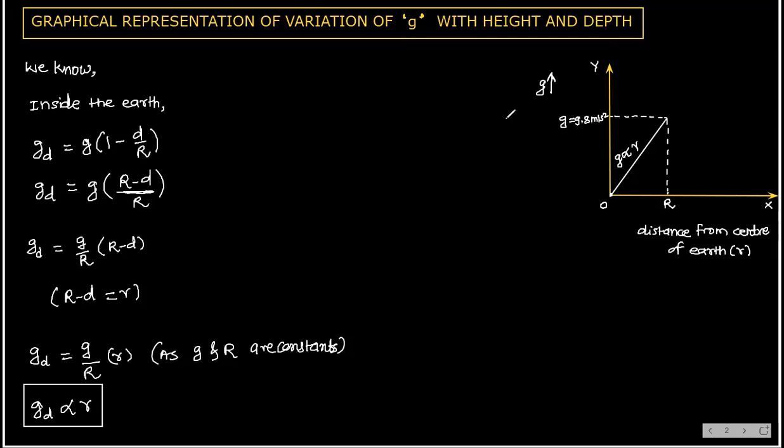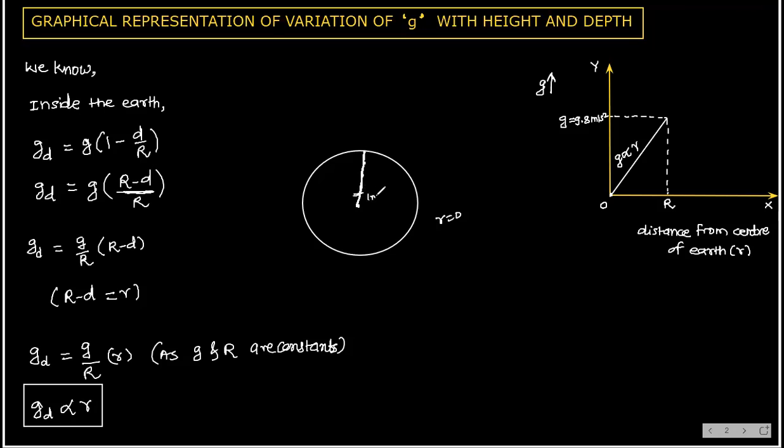Once again, I am repeating the graph part. Let me explain with the diagram so that you will understand clearly. Now you are at the center, which means small r is equal to 0. Next you are coming here, then here, then here, and then here. As you are increasing the small r value, does your gravity increase or decrease?